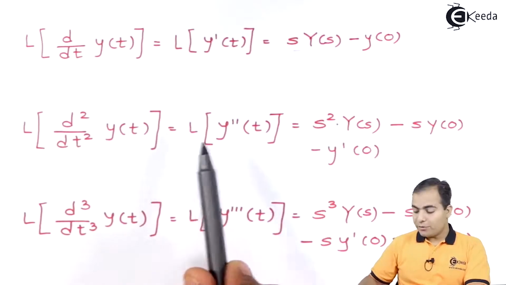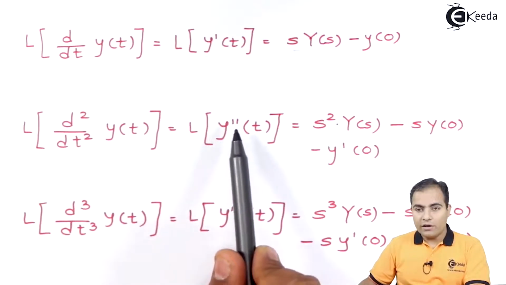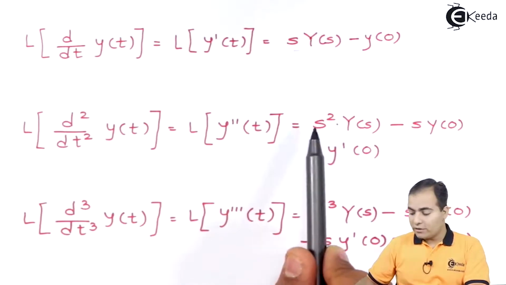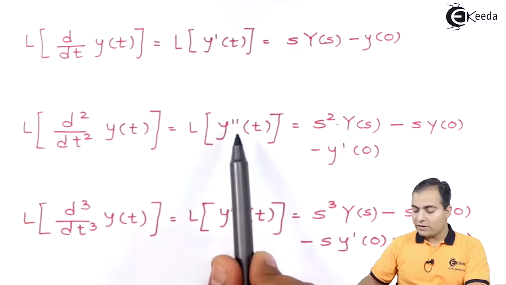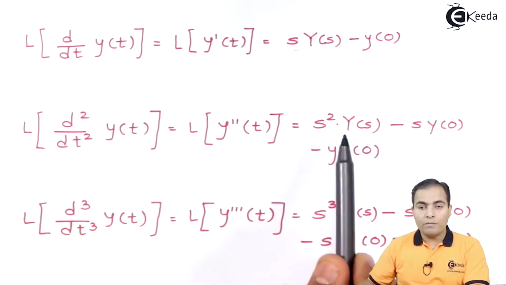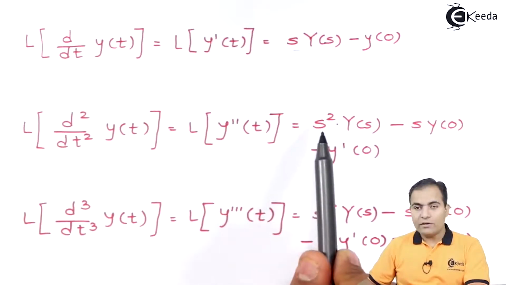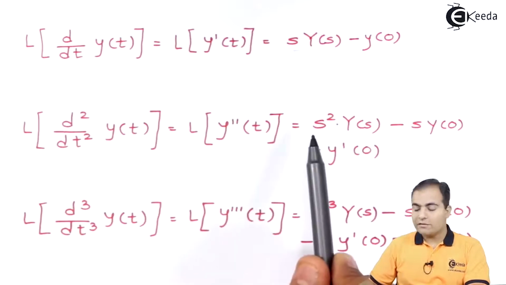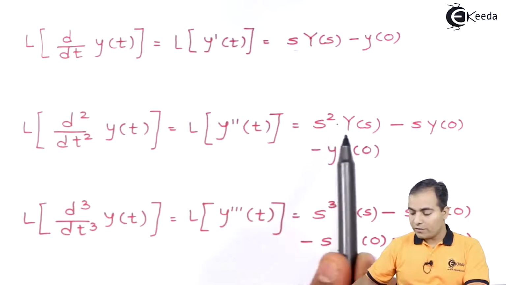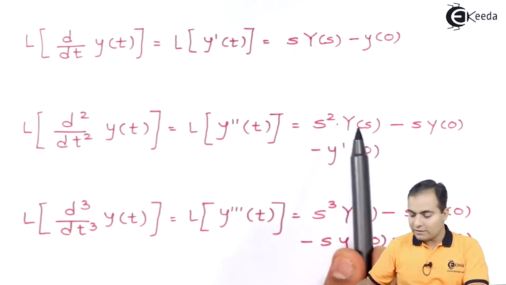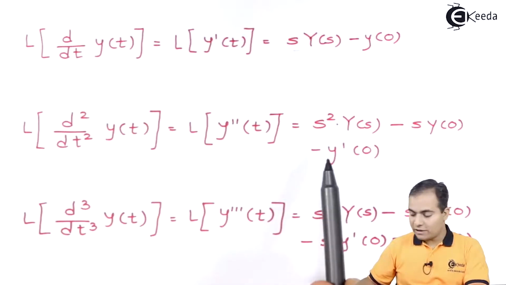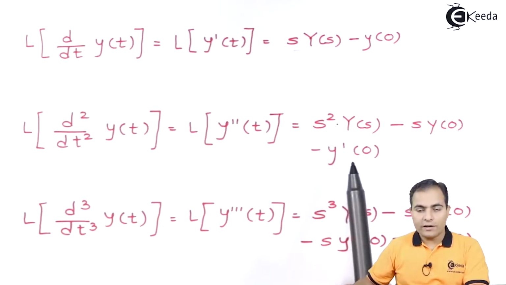Now, as I told you, if the order of differentiation is 2, then of course we'll multiply y of s by s to the power 2. This power 2 is actually the order of differentiation. Now, what is the next step? We have to differentiate this whole part until this s value vanishes. So we'll differentiate once again. So this will become s y of 0, because y of s is also differentiated with respect to s. And the last one, here again this s square is differentiated twice. That's why y of 0 becomes y dash of 0.